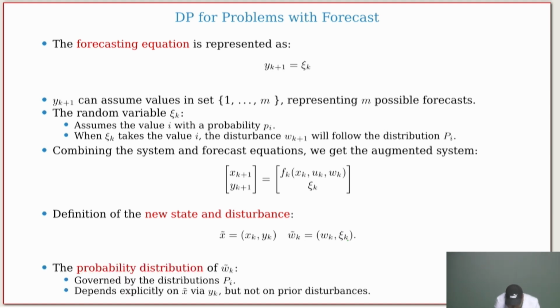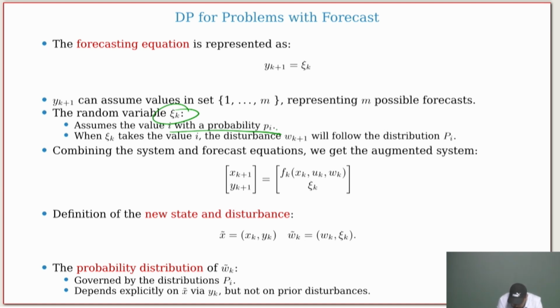The probability distribution of w tilde k is governed by the distribution pi, because the random variable jk is from the distribution pi, and it depends explicitly on x tilde via yk, but not on any prior disturbance. So it does not depend on previous w.